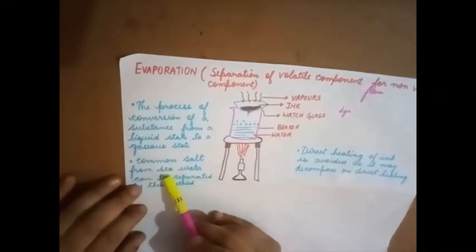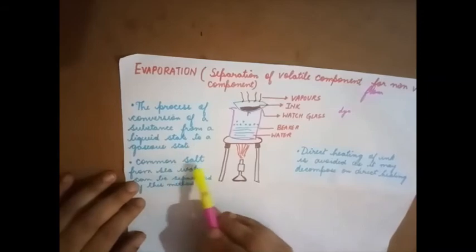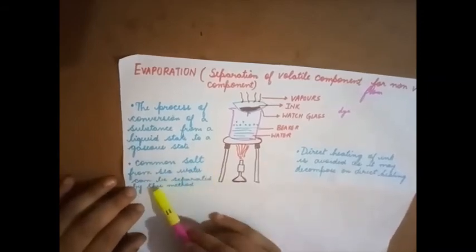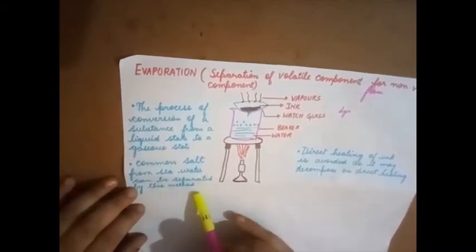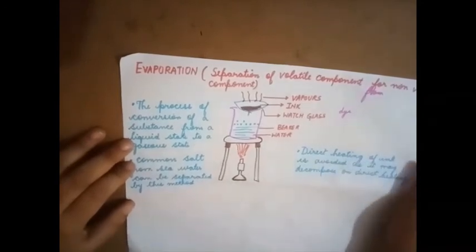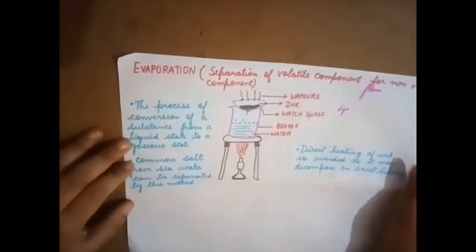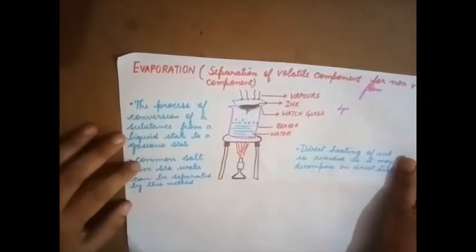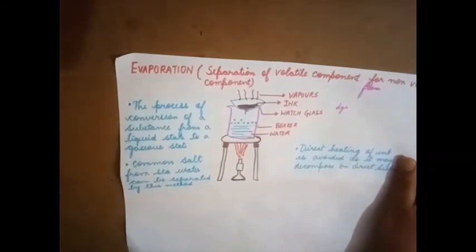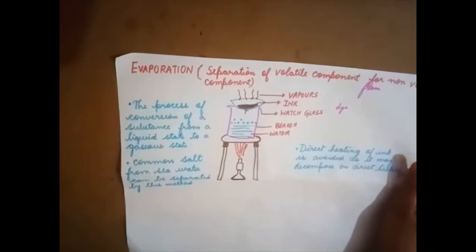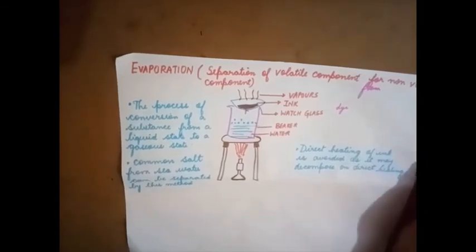Another example for evaporation would be common salt from seawater, which can be separated by this method. We can take some seawater and put the seawater in a shallow pond and leave it in the presence of sunlight for a long duration of time.